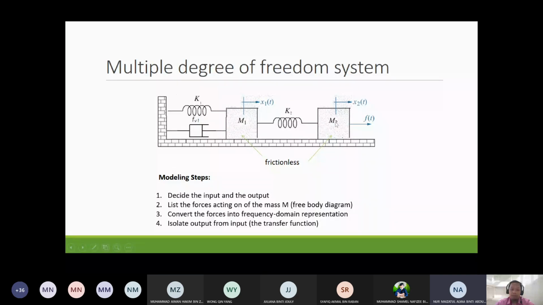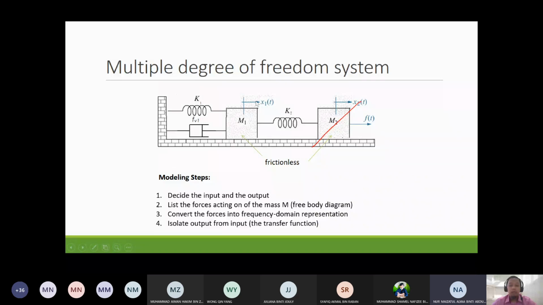We can also determine the degrees of freedom by assuming, for example, we hold box M2 so that it is fixed and does not move. Then we can see that only M1 can move either backward or forward.